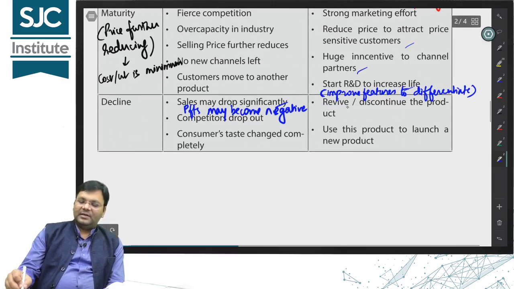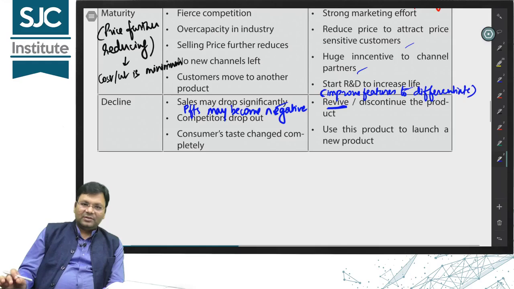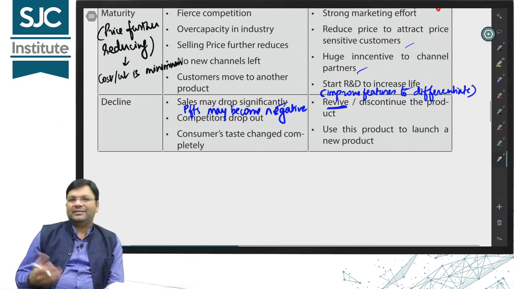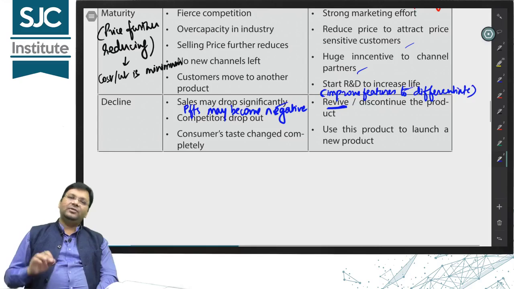Revive means, how do we revive? Reviving is only possible through extensive R&D, modification of design, a whole new look, which is as good as keeping the name the same and introducing a new design. That's revival: keeping the name the same and introducing a new version.